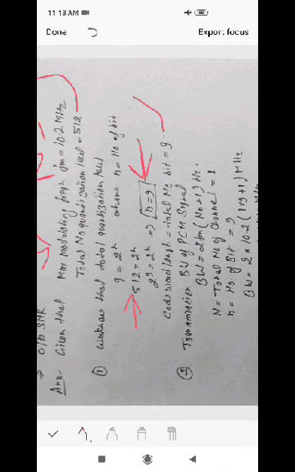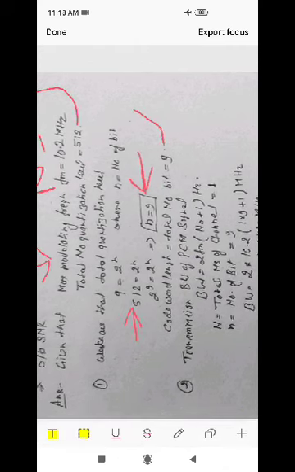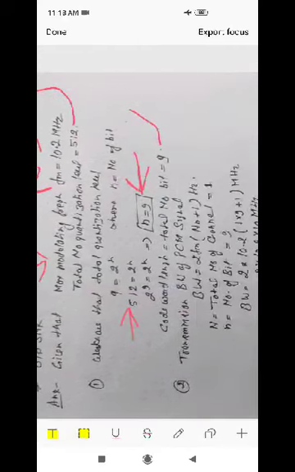Second parameter, transmission bandwidth. Transmission bandwidth of PCM signal is 2 Fm N into (n plus 1) hertz, where capital N is number of channels and small n is number of bits or code word length.